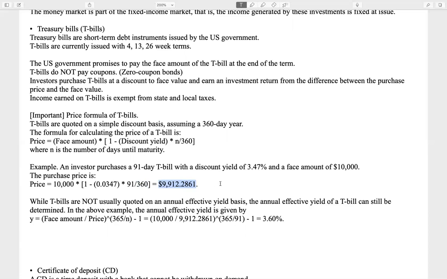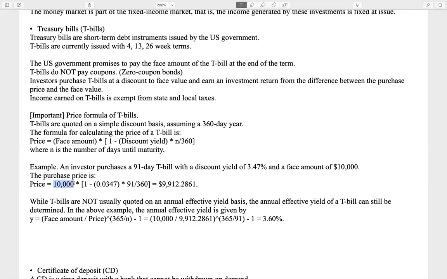So this is what I previously mentioned. Treasury bills are bought or sold at a discount, meaning the price is actually less than the face value. Again, that's very obvious, because when you make an investment, you want to make money.